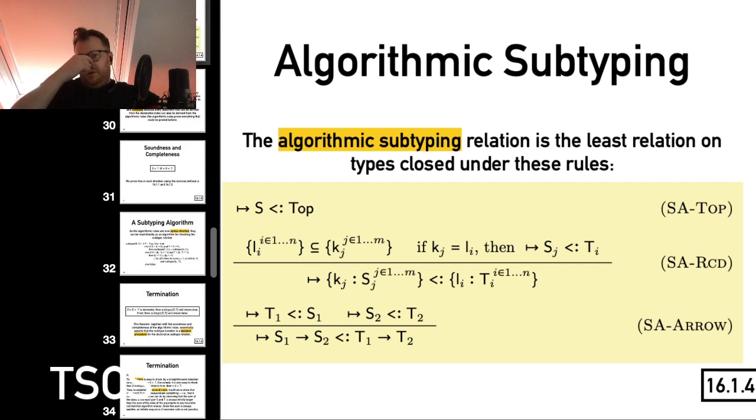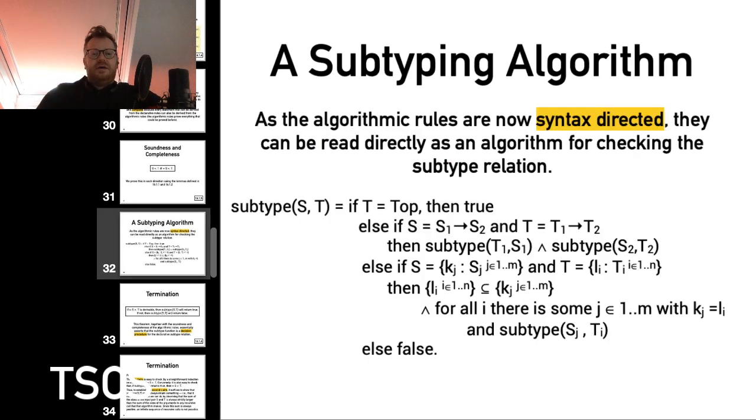And here is an algorithm in pseudocode for subtyping. You can now read these directly as an algorithm for checking the subtyping relation. So this is very, very neat.